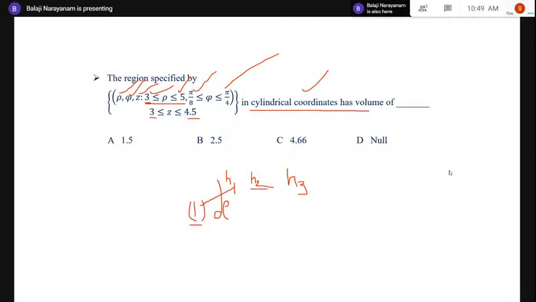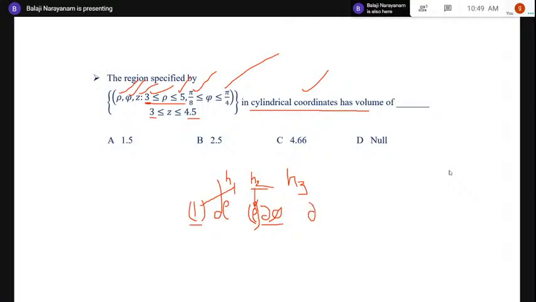Now, what is the second one? Phi is a phase angle, so the variation is d phi. Is the d phi variation linear? No, it is non-linear. It is of the form arc length L equal to R into theta, so the scaling factor H2 is rho here.